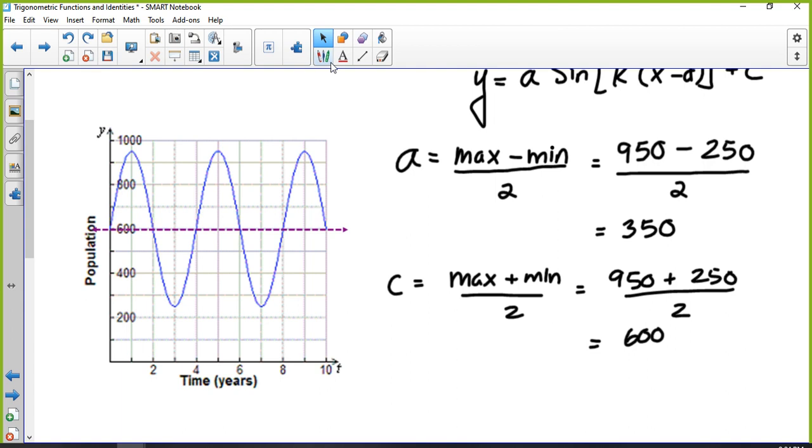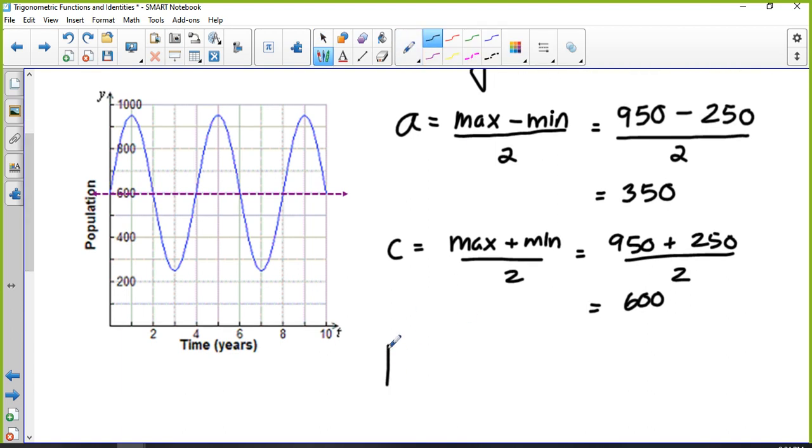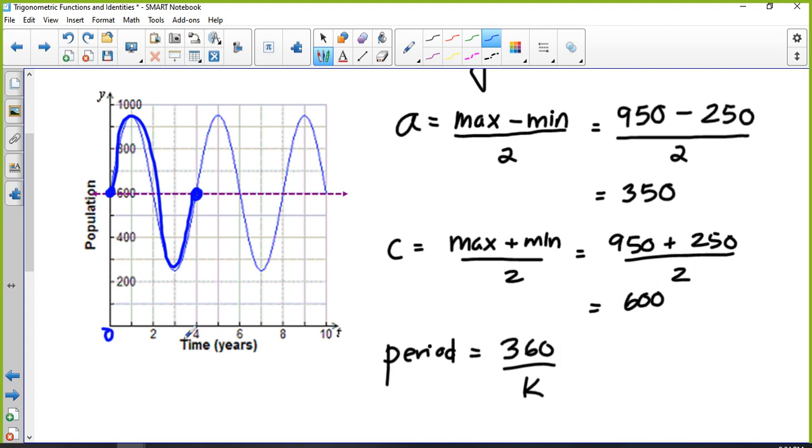The next thing we need is our k parameter. We can find it using the formula period equals 360 over k. If we know the period, we can figure out k. Now let's look at the graph. It starts at 0 and completes one cycle at 4.